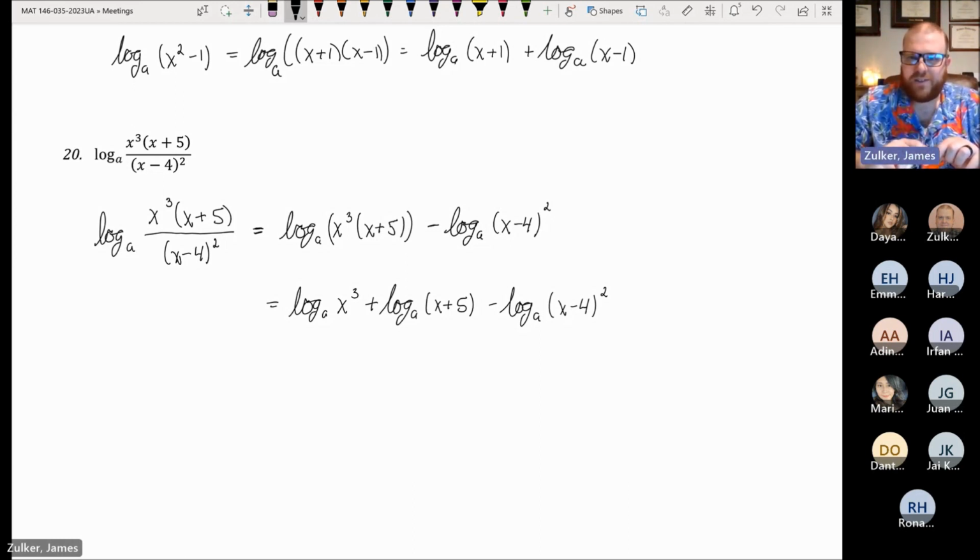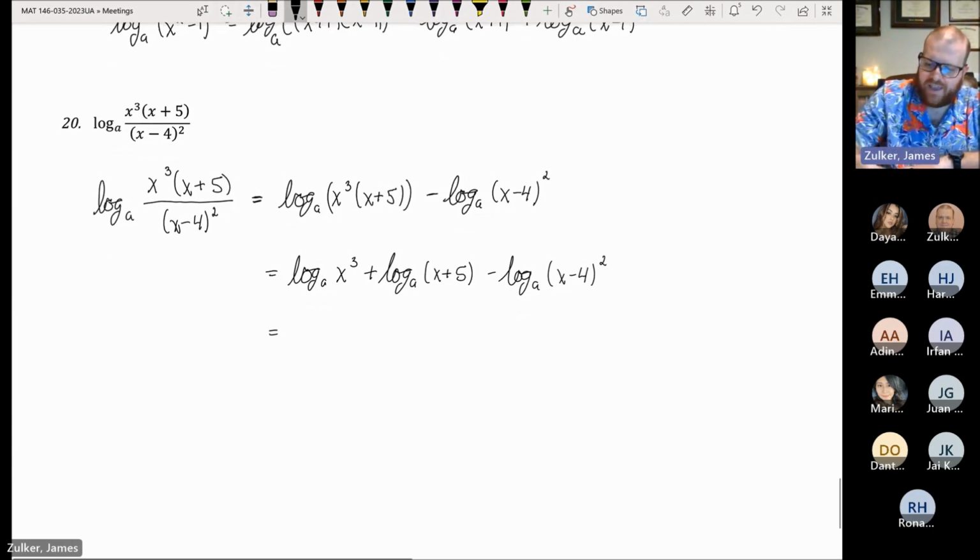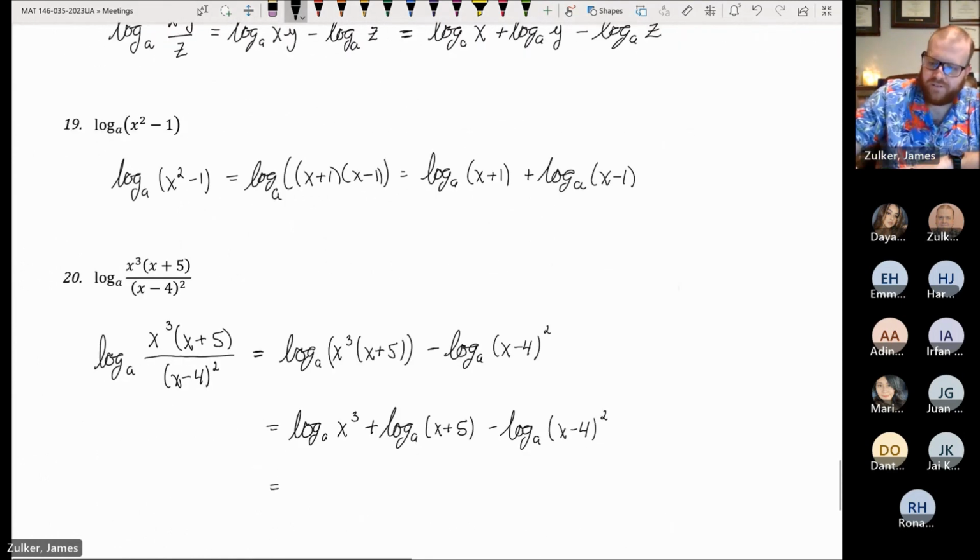Okay. Well, technically that's correct. There's a simpler way. The power comes out as a constant multiple.